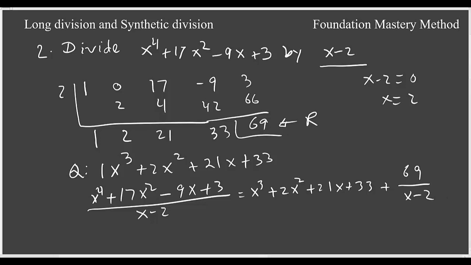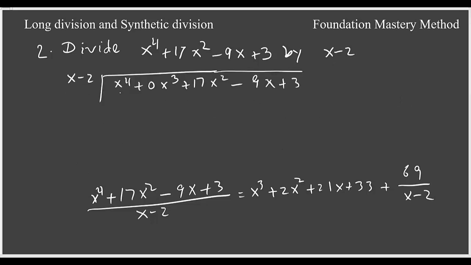So we'll prove this one using long division now. Since my x to the 3 term is missing, I'm writing x to the 4 plus 0 times x to the 3 plus 17x squared minus 9x plus 3, and we'll divide by x minus 2. As we have seen before, we divide x to the 4 by x, get x to the 3. So that x to the 3 I need to write here.